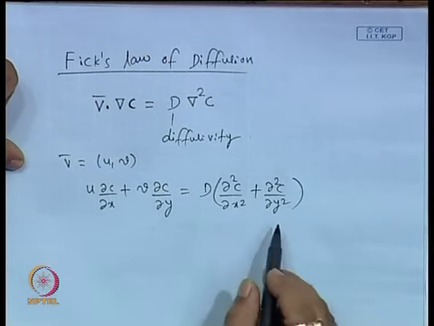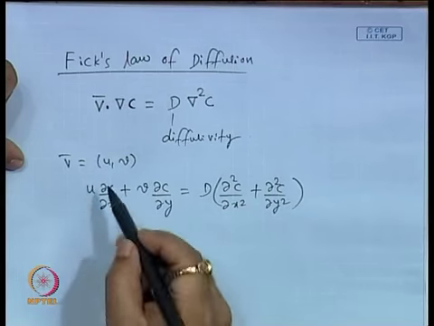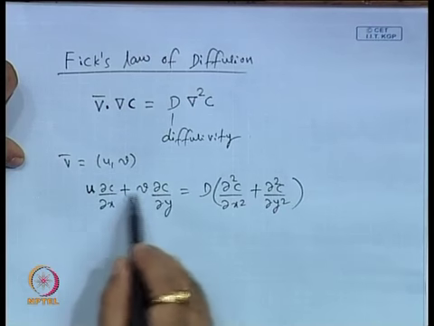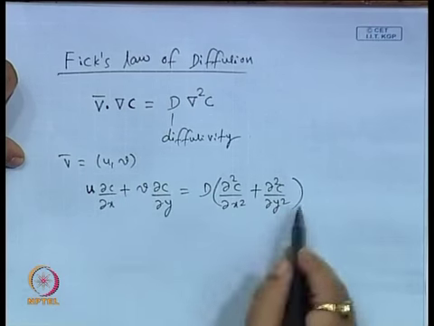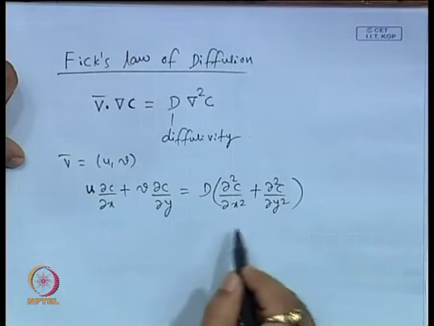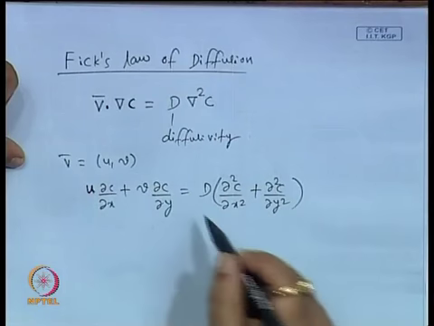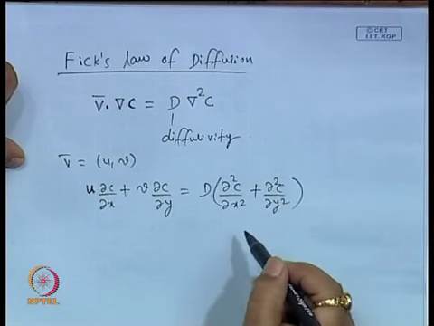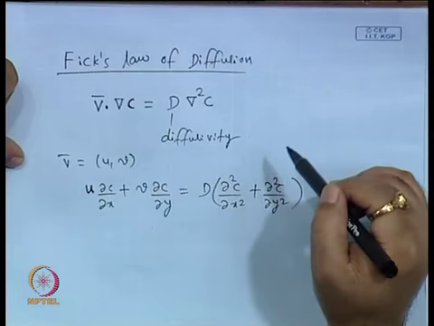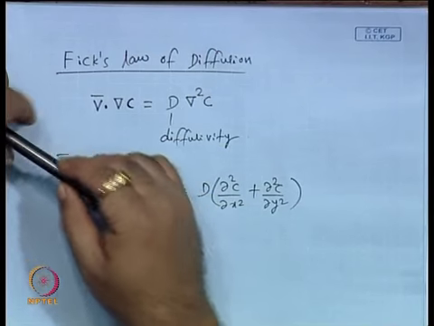This is a second order PDE for C. However, one must know V. For given u and v, this defines a second order PDE and one can solve it. We will discuss various methods to solve these second order equations as well. First we concentrate on ordinary differential equations, then we switch over to partial differential equations.